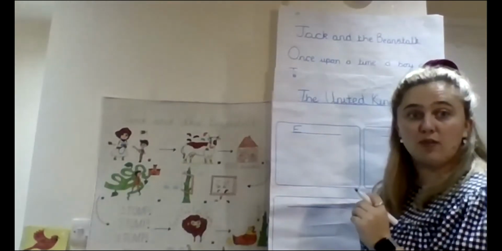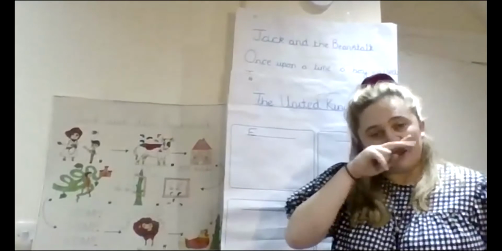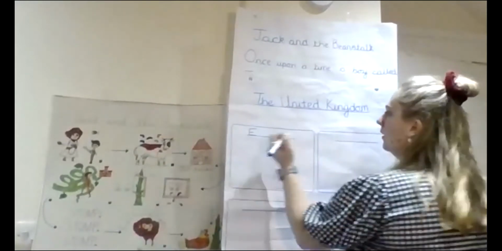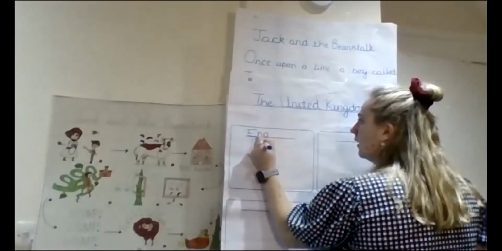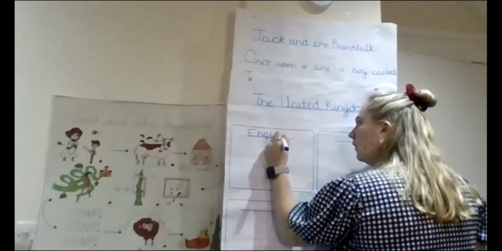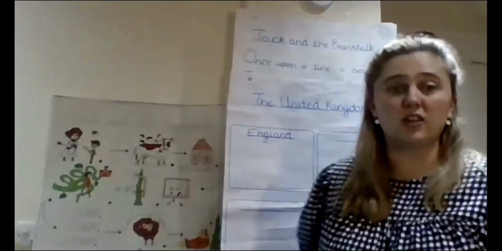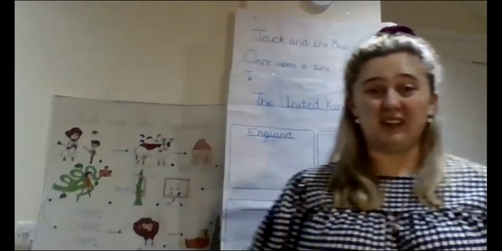England is also the name of a place. So let me turn you a little bit so you can see me a bit better. There we go. So we need a capital. England, and I'm trying so hard with my handwriting to make it really, really neat.